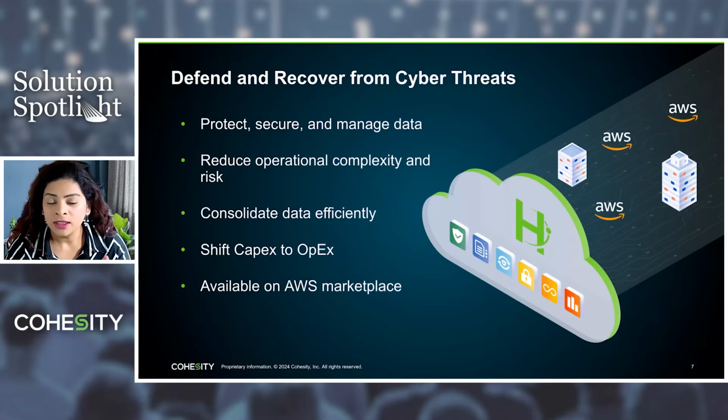And the great news for you is that because Cohesity DataProtect can be procured on the AWS Marketplace, it also helps you burn down this annual commitment with AWS, which helps you utilize funds that you already have without having to create new additional budget for our Cohesity DataProtect solution.